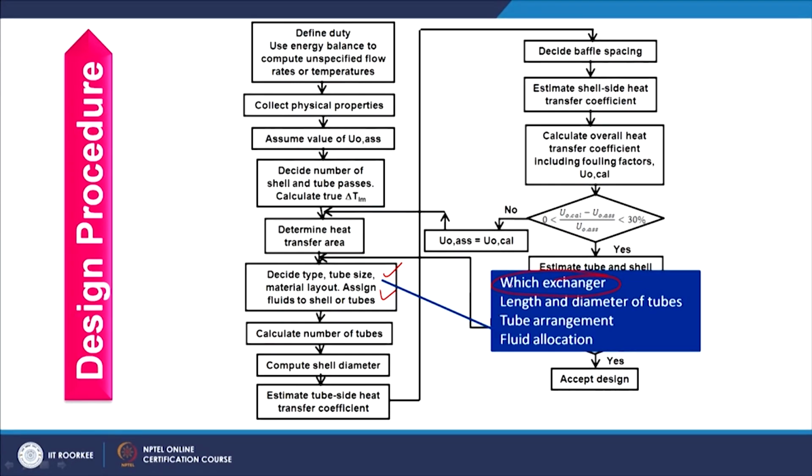There are different parameters. First, if the maximum temperature available in the system is less than 90 degrees, you can choose fixed tube sheet. If the fluid is clean in nature and temperature is more than 90 degrees, you can use U tube.